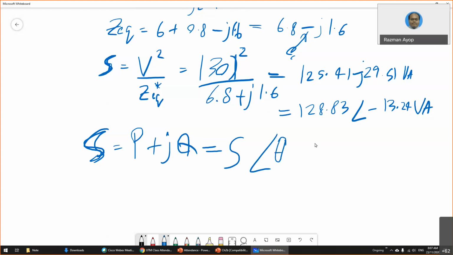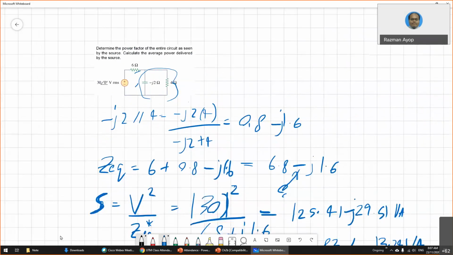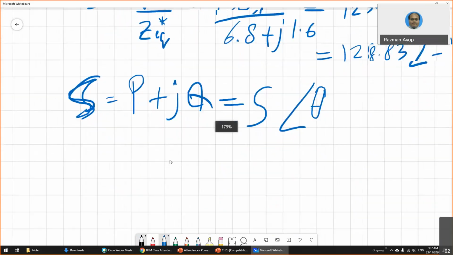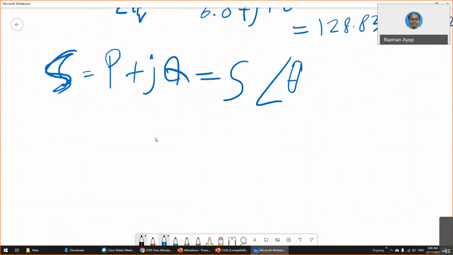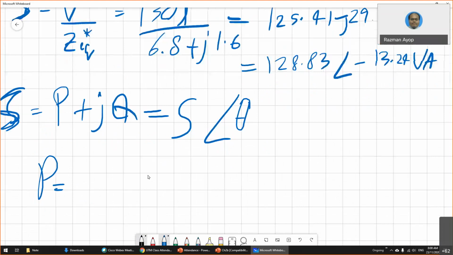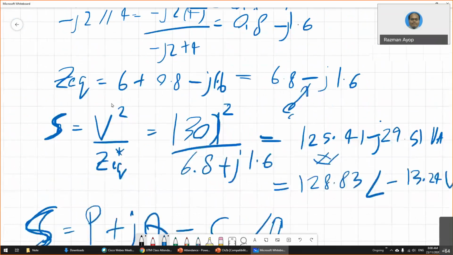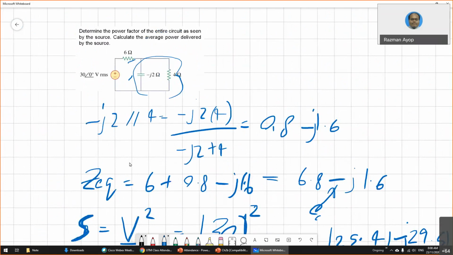Because the question asks what is the average power delivered by the source, it means that it is real power. If they say average power, it means real power. So P equals, from this you can just directly take from here, 125.41 watts. And how about the power factor?